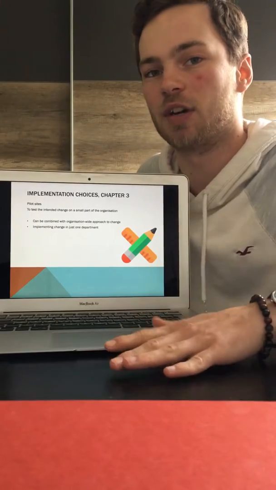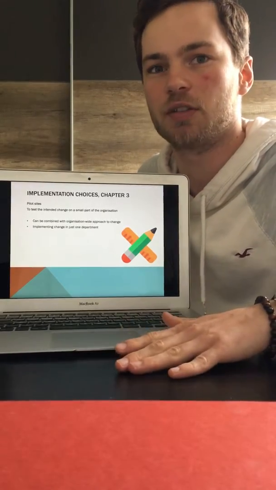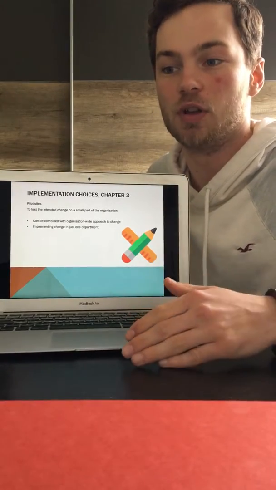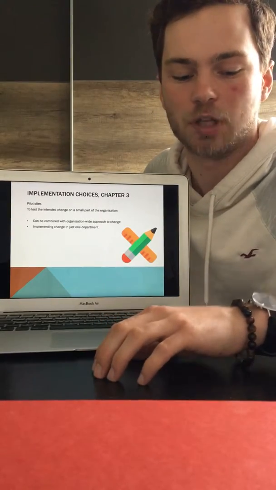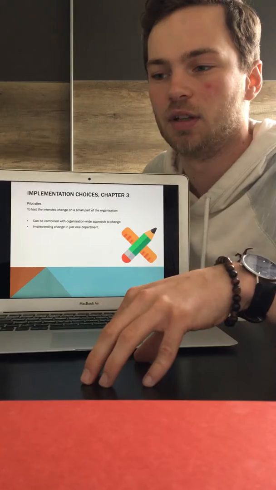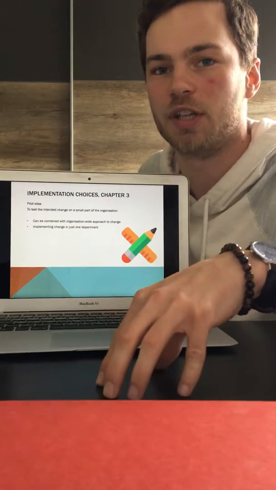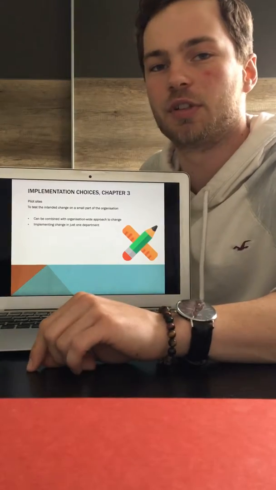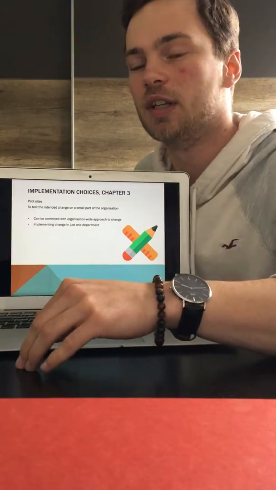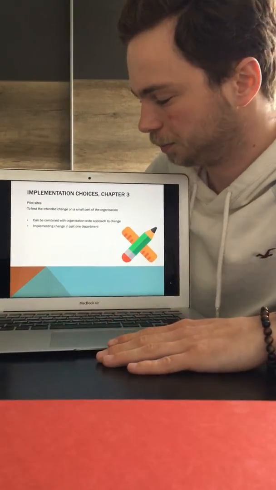And if the change is not as well as expected, you can make adjustments on the small part instead of applying a change that has downsides for the whole organization. Now it only has a downside on a smaller part of the organization, which you can then adjust and then apply to the whole organization.